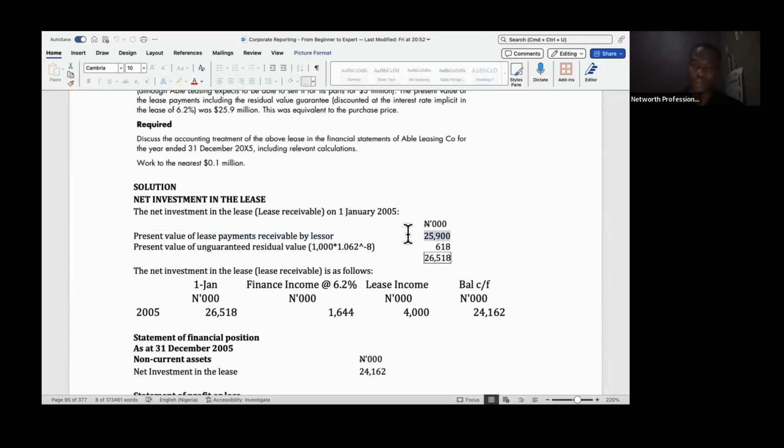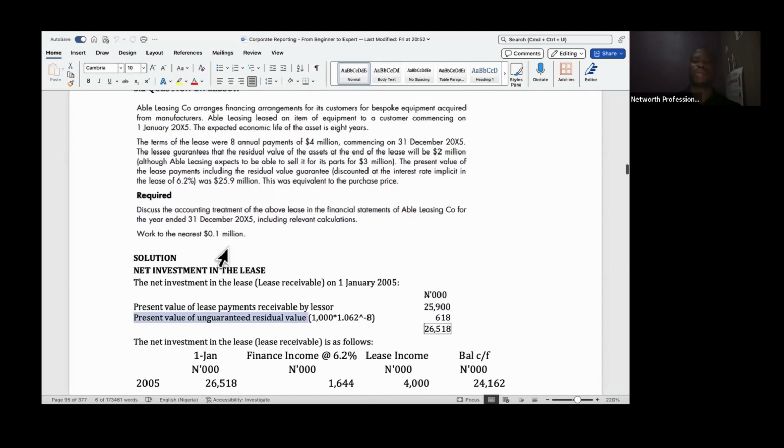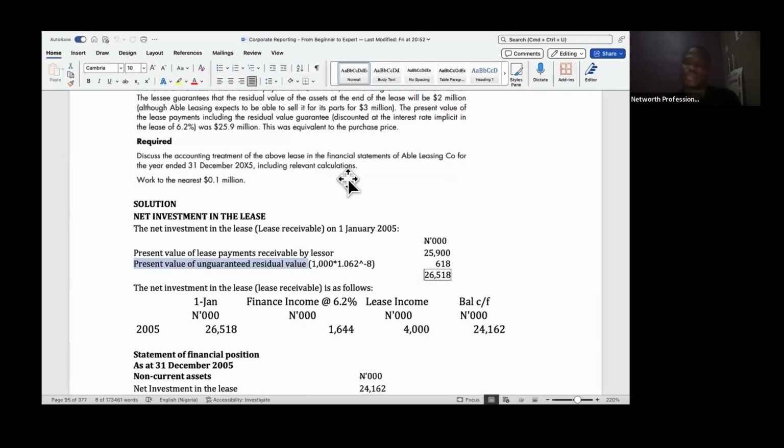This net investment in the lease at the beginning of the year is the PV of the lease payments receivable by the lessor, which they have given us in the question as 25.9 million. They will always give you this. If they don't, just take the rent collected annually multiplied by the annuity factor. Then you add the present value of the unguaranteed residual value. Remember, the lessee guaranteed the lessor 2 million, but the lessor believes he can get 3 million. There's an unguaranteed difference of 1 million, which we need to bring to today's value.